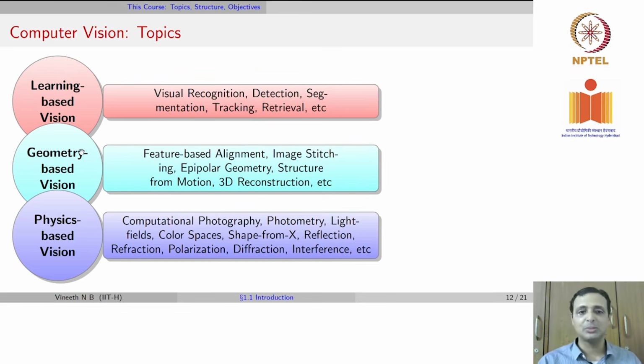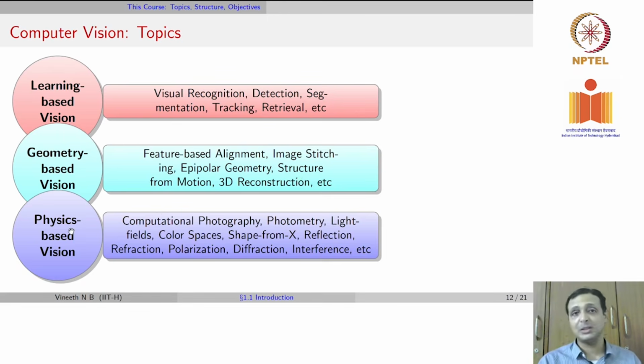Then there is geometry-based vision, where you talk about feature-based alignment, image stitching, such as the panorama that you see on your cell phone, epipolar geometry, structure from motion, 3D reconstruction, and so on and so forth. Typically, you study that as part of geometry-based vision.